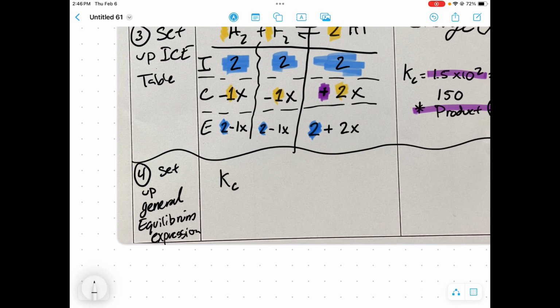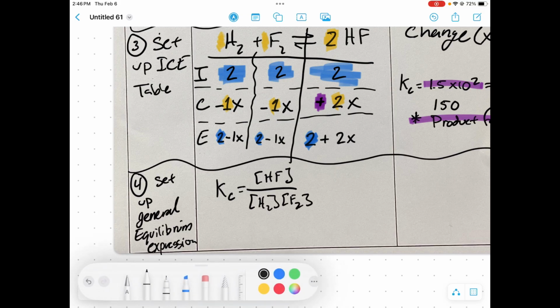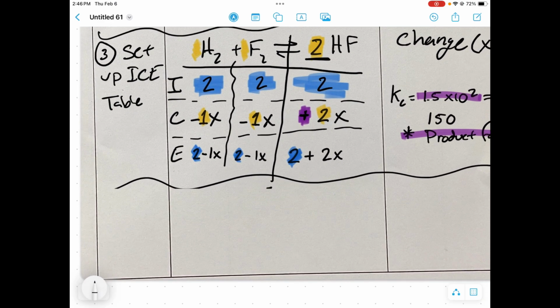So I'm going to say Kc is equal to the concentration of HF at equilibrium over the concentration of H2 and F2. I'm going to bring down my coefficients. I see that up here, HF has a coefficient of 2.